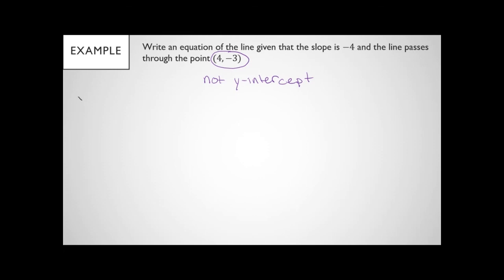We start with slope-intercept form, which is y equals mx plus b. And I can replace my slope m in the equation. So we know that it's y equals -4x plus b. In order to write our equation, we need to know what b is.